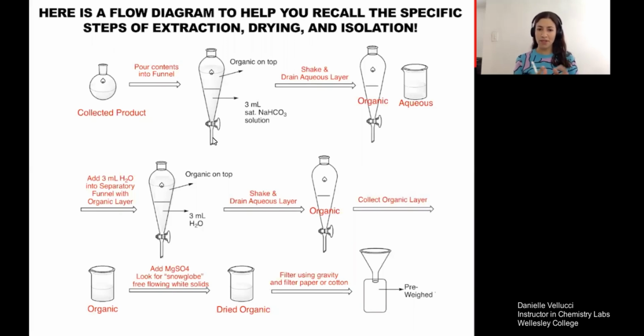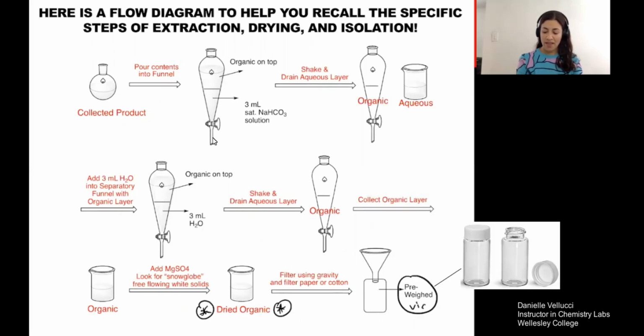The one difference between last week and this week is that once you've dried your organic layer with magnesium sulfate, you want to gravity filter into a pre-weighed vial. This will allow us to weigh the vial again after our product has filtered through and to obtain an isolated mass for calculation of percent yield.